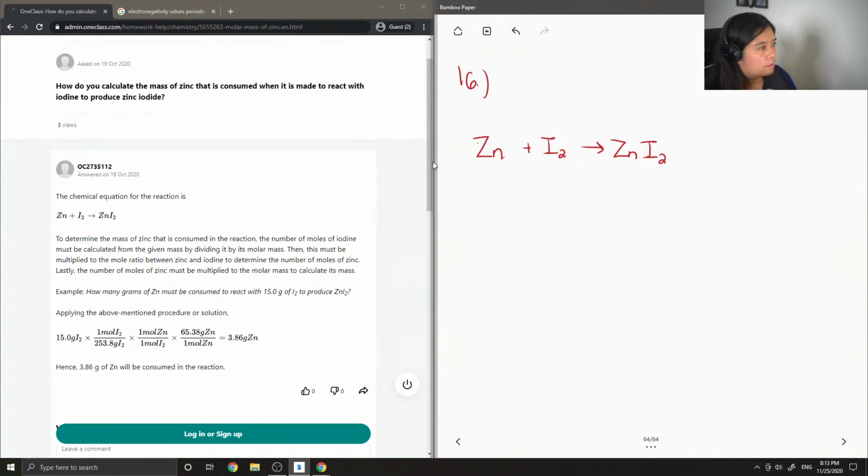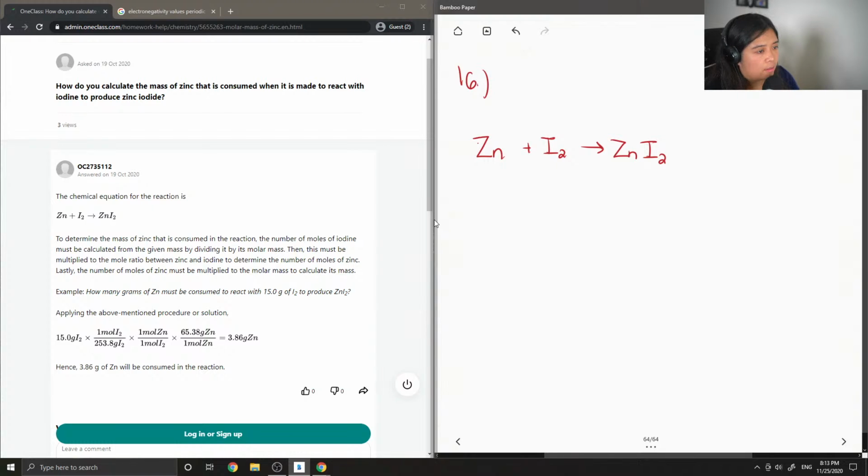So we would just pretty much need all the masses. We need the mass of iodide to calculate for the moles of iodide, to find the moles of zinc.